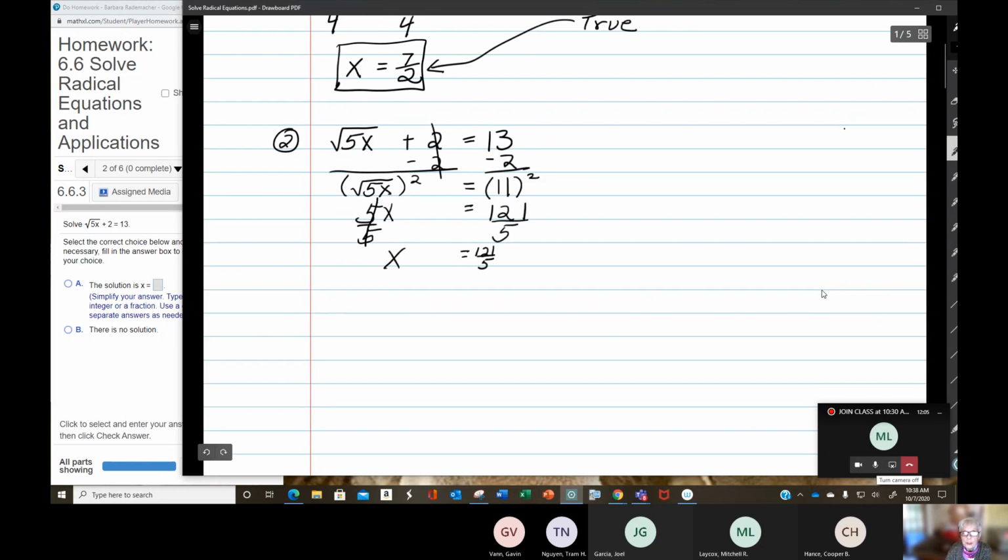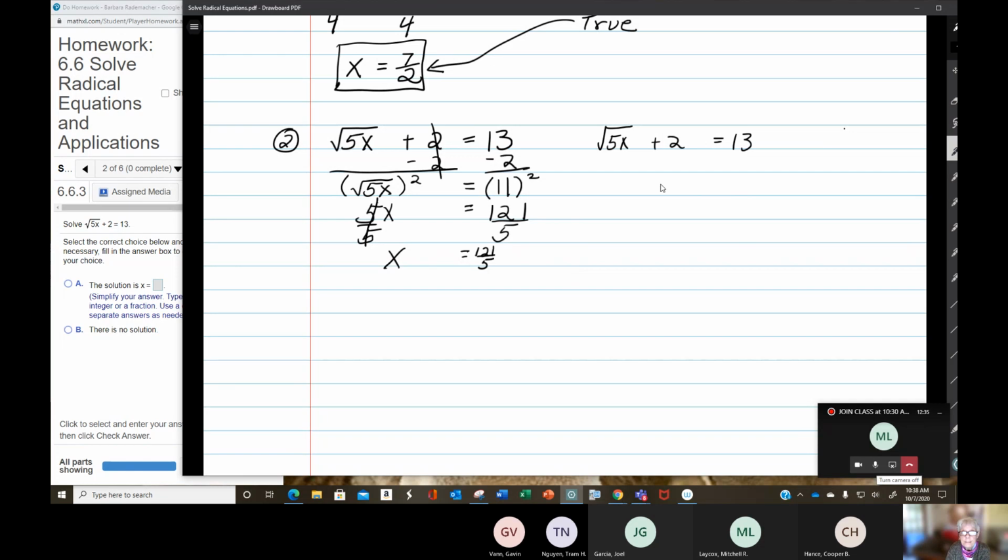All right, now I have to return to the original equation, which is the square root of 5x plus 2 equals 13. Now, I'm just going to see if this side comes out to 13. If it does, then I'll have 13 equals 13, which is the proof that that is the correct answer.